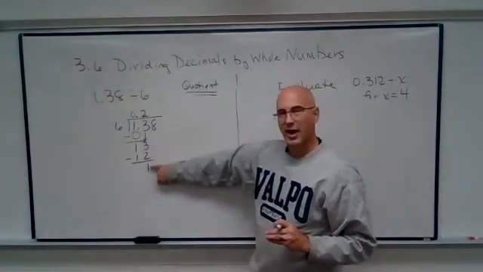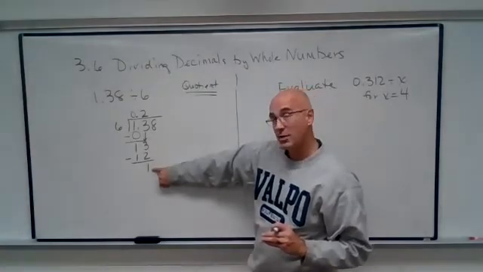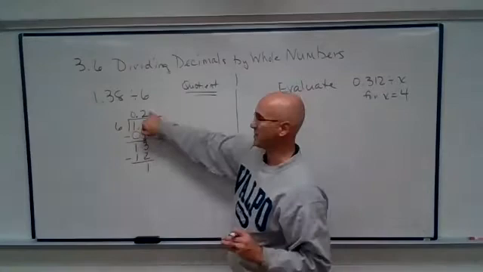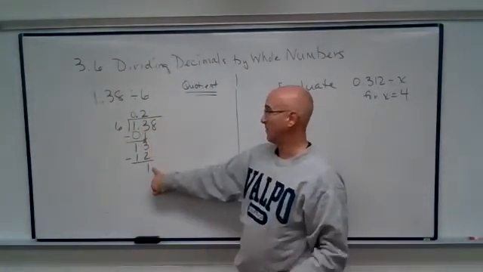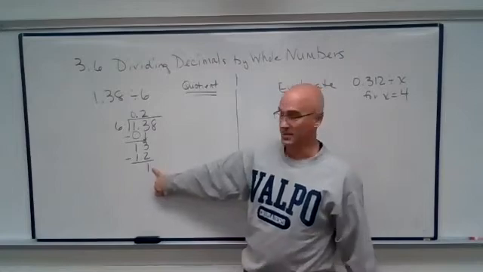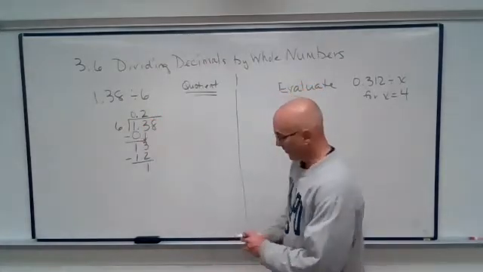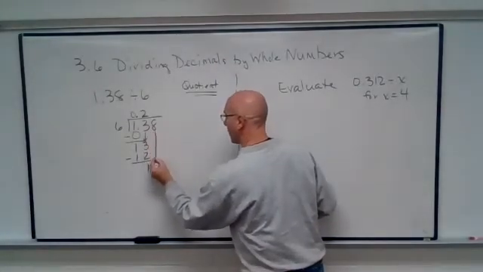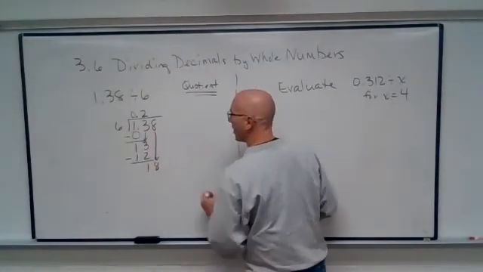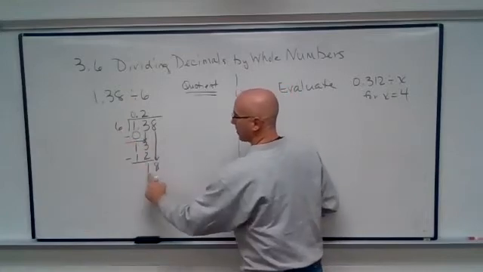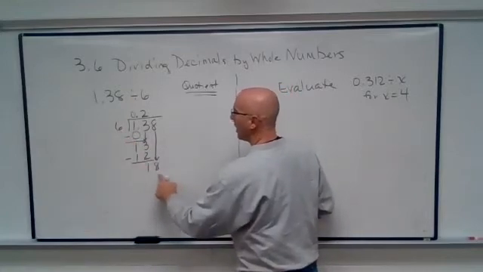Now we always have to check. If we get a number here after we subtract that's bigger than this, that means this number is not correct. So if we would have maybe ended up with a 7 here, oops, we can still take a 6 out. So we have to adjust that. Now we have a 1 here. We have to bring down our next digit, our 8, and then we ask ourselves, 6 goes into 18, how many times?